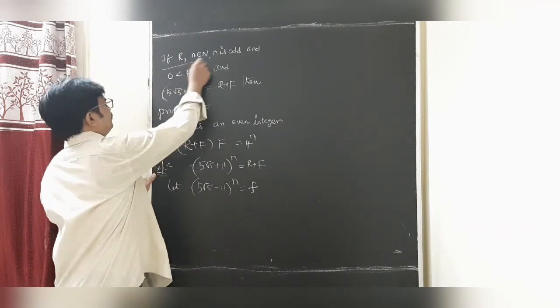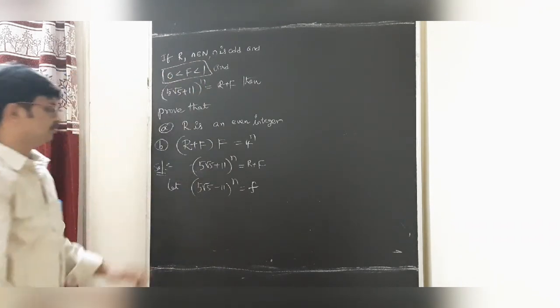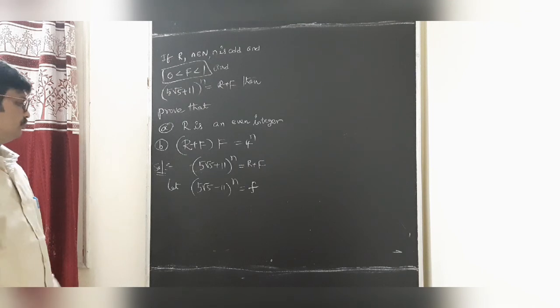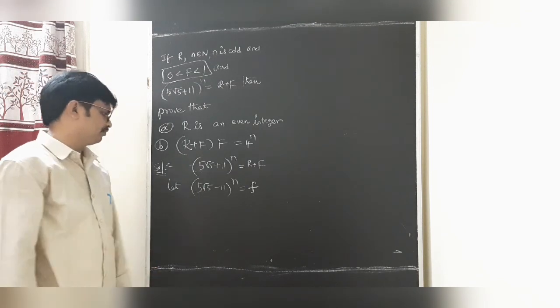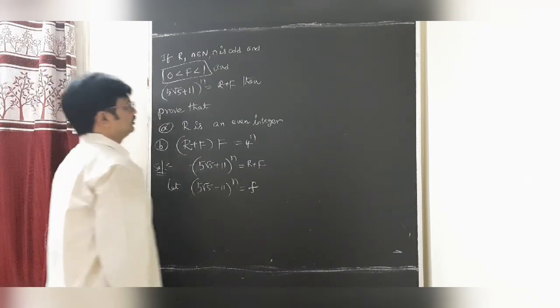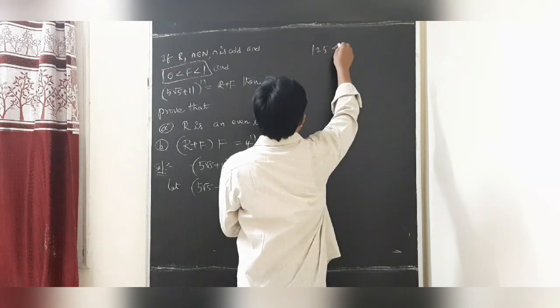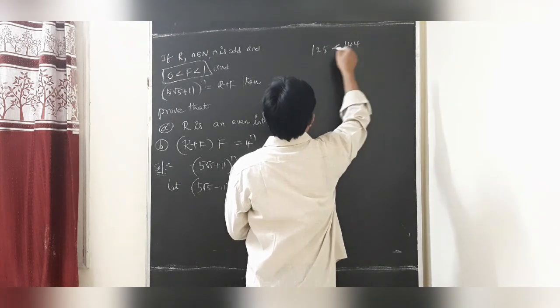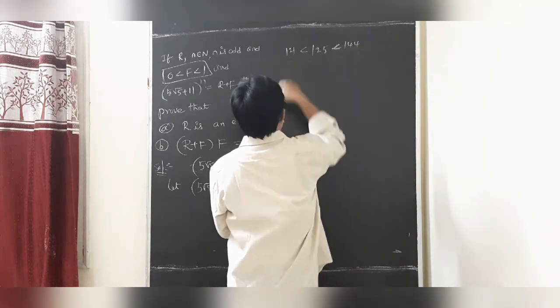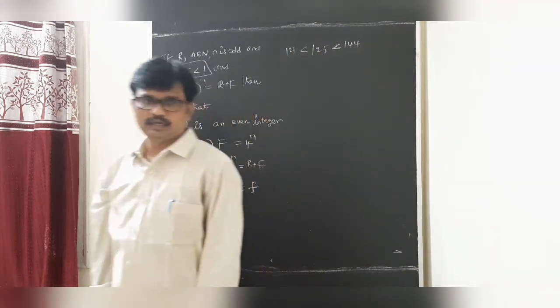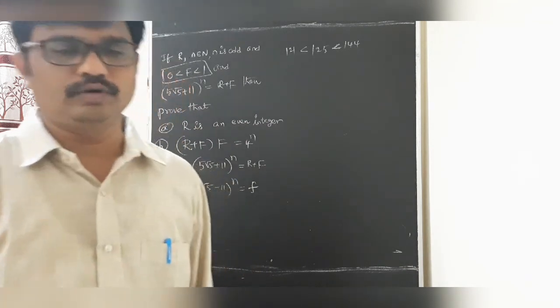Dear students, the limits of f are given as 0 to 1. What is this? 125. So 125 lies between 144 and 121. Yes or no students? 11 into 11, 12 into 12.